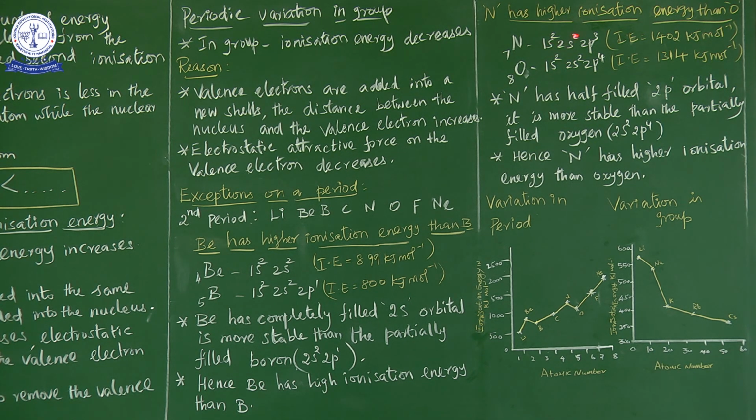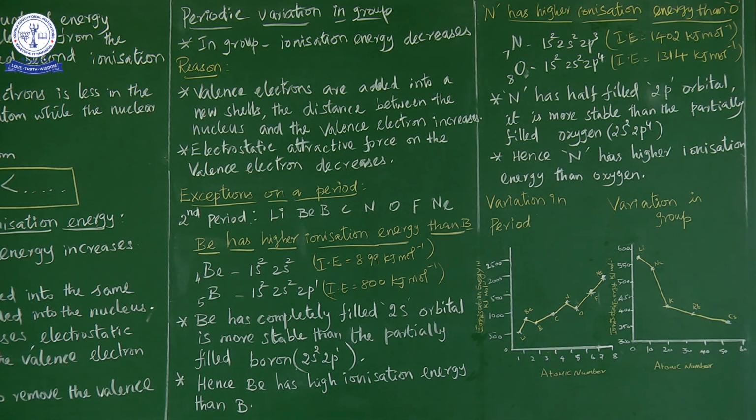So we see that both are having a 2p orbital. When comparing beryllium and boron, beryllium's valence orbital is 2s, but boron's is 2p, two different orbitals. In s, we said it is completely filled. But nitrogen and oxygen both have the 2p subshell as the valence shell, and nitrogen has the valence shell 2p3, 3 electrons present in its outermost shell.